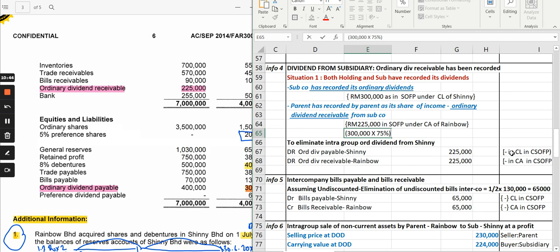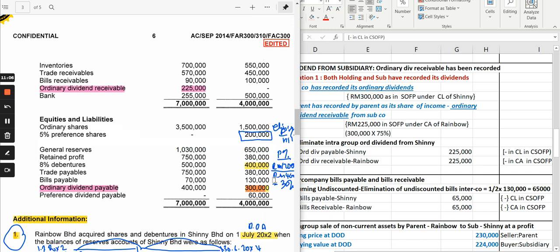This will not be affecting your schedule because you have already recorded the share of dividend. What would be affected is the current liability section and the current asset section. So current asset will no longer report the ordinary dividend receivable, but current liability will just report the one paid to the non-controlling interest.